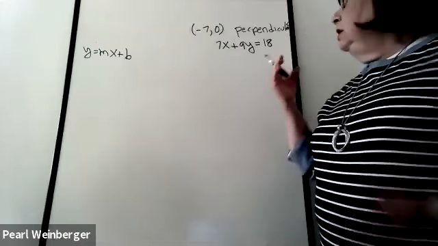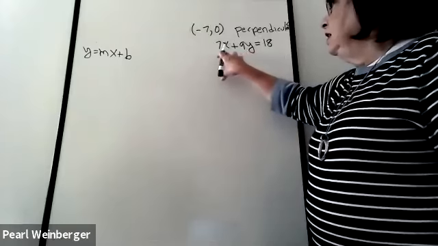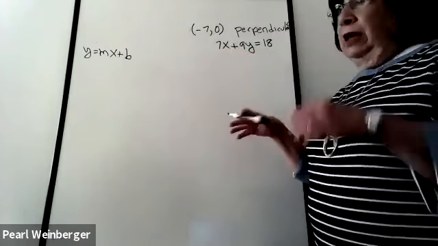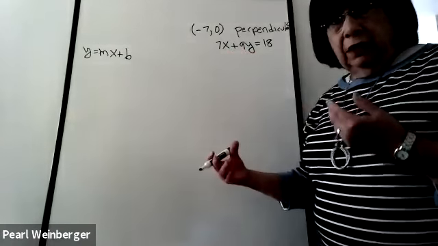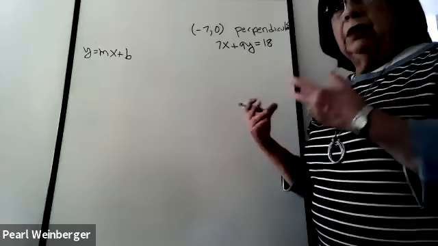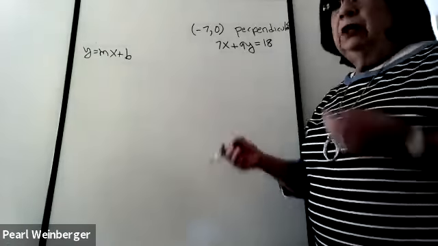And they didn't tell me the slope this time. The only thing is they gave us a hint. They said it would be perpendicular to this line. And if we recall, when we started this class, we said we can tell when lines are perpendicular and parallel by looking at their slopes.